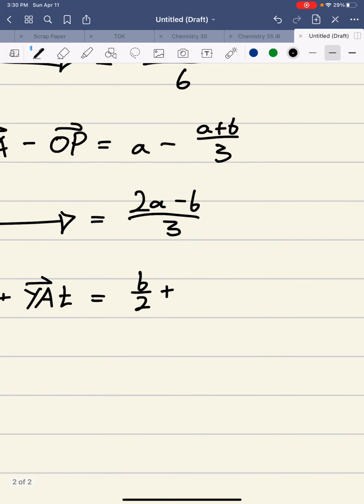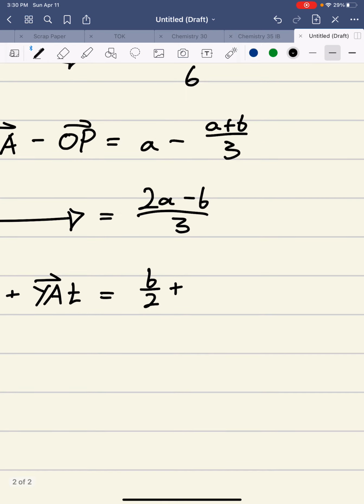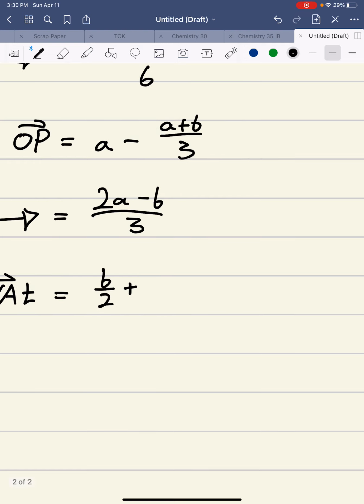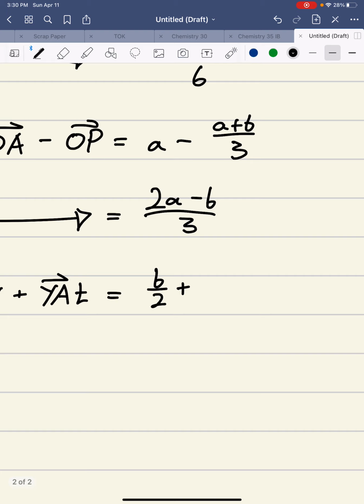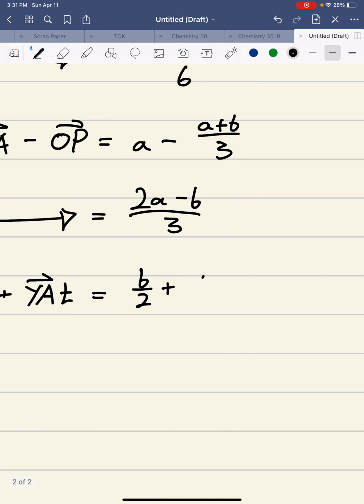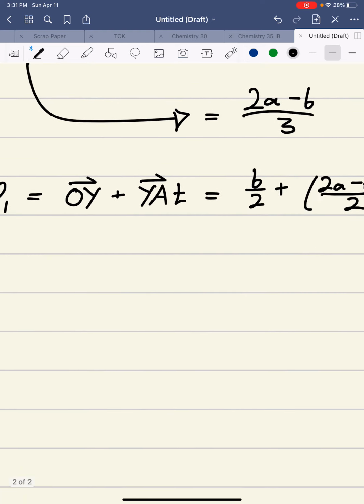What's YA? Well, that's just A minus OY, which is b over 2. We can really just simplify this. So b over 2 plus 2a minus b over 2 times t, that's our first line.